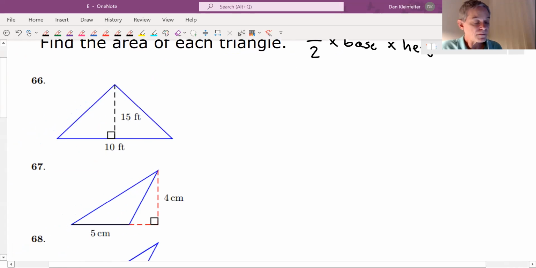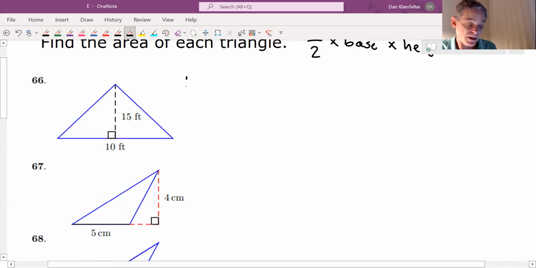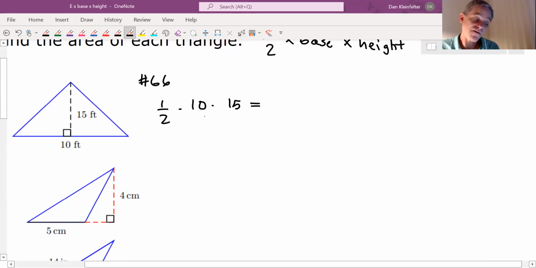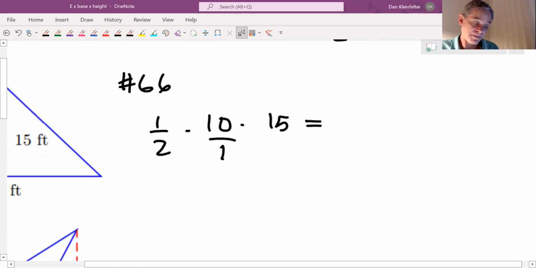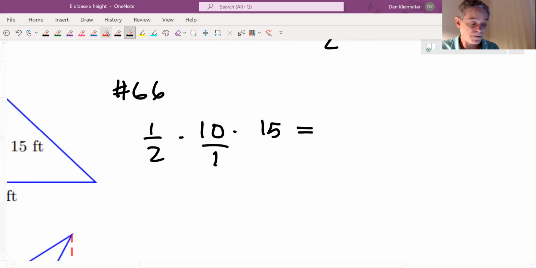Okay. And so for this first one, number 66, we'll have 1/2 times the base, which is 10, times the height, which is 15. Multiplying 1/2 of 10, I guess that was a fraction after all, 1/2 of 10. Here, we can simplify out a factor of 2. So 2 divided by 2 is 1, 10 divided by 2 is 5.